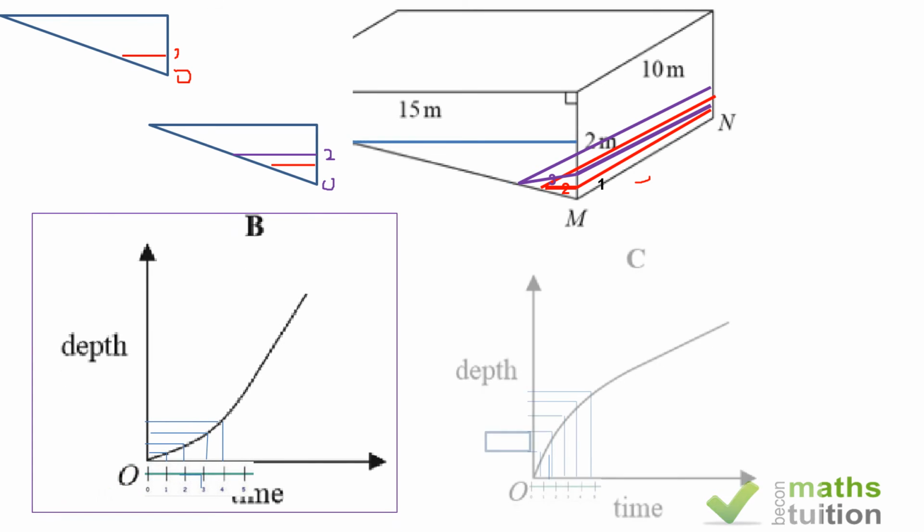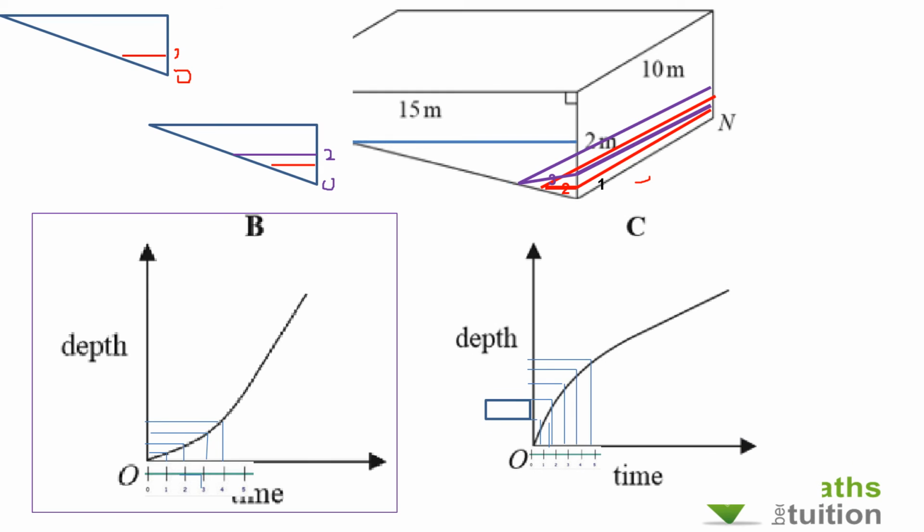So in effect, if we now look at graphs C and B, between time 0 and time 1 and between time 0 and time 2, there's an increase in volume.